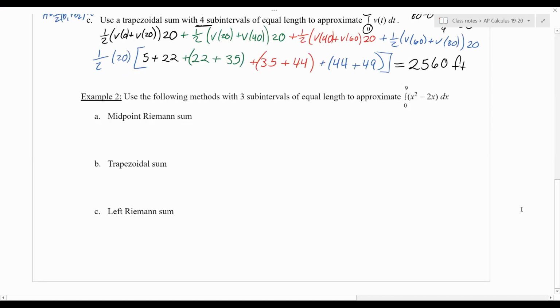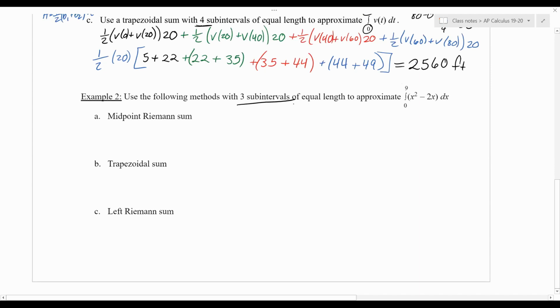Now let's do an example with an equation. Use the following methods with 3 subintervals of equal length to approximate the integral from 0 to 9 of x squared minus 2x dx. So let's do it using our midpoint Riemann sum.